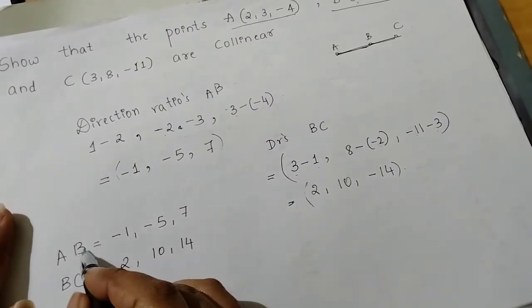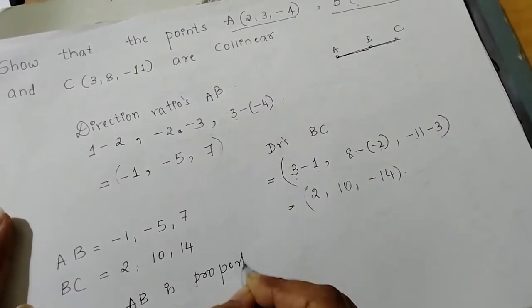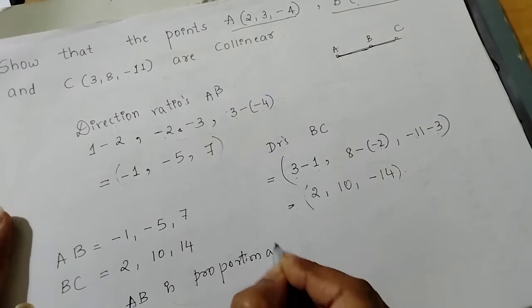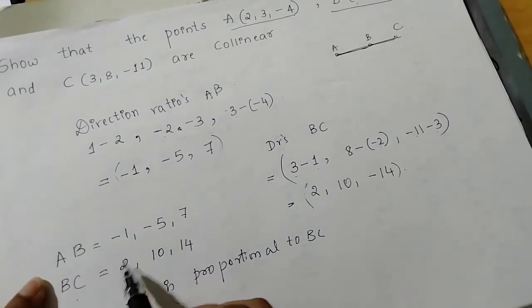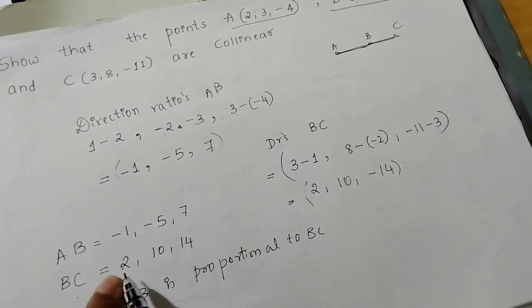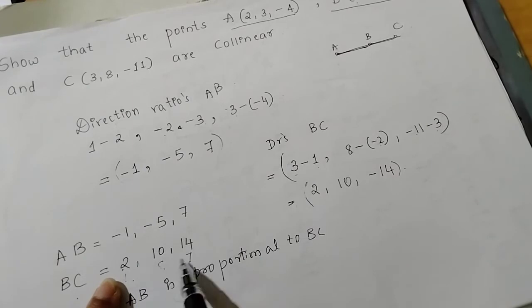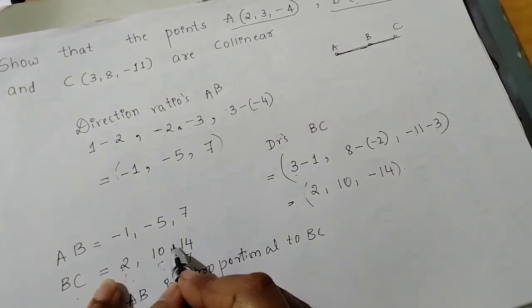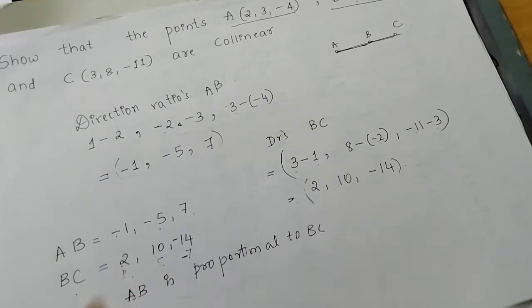Now you can see AB is proportional to BC. If you take AB by BC, what do you do? This is 2: 2 1s are 2, 2 5s are 10, 2 7s are 14. So 1, 5, 7 you are getting. This is minus 14: 1, 5 and minus 7 you are getting. Here also you have minus 1, minus 5 and 7.